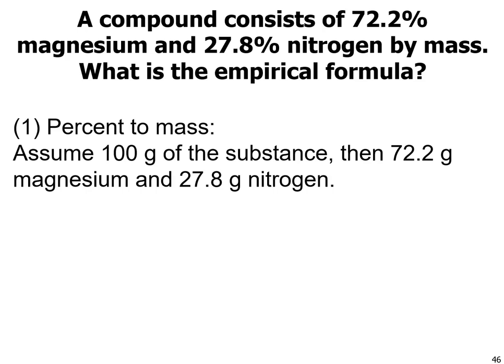We're going to go back to the idea of assuming that you have a 100 gram sample, because then you can really easily just use those percentage values and change them from percent to mass. So that's what this whole thing says, percent to mass. You just change the 72.2% to 72.2 grams. You change the 27.8% to 27.8 grams. That's the first step of the rhyme, percent to mass.